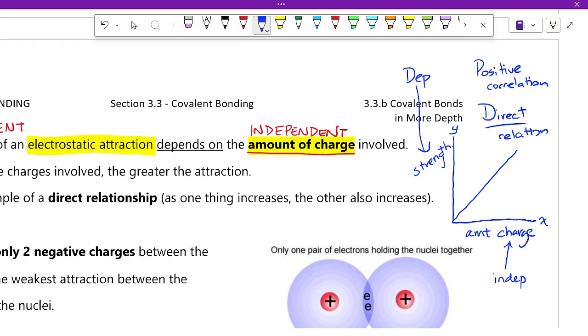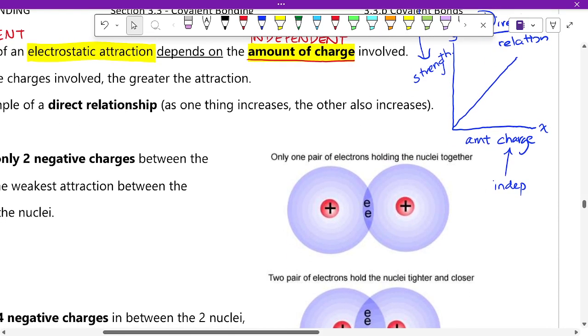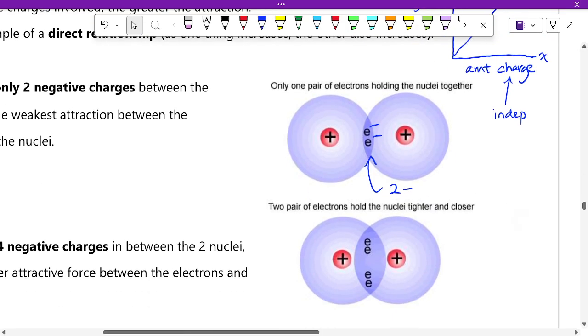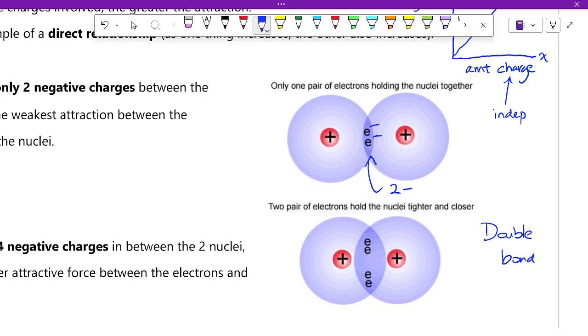And so that's why when we have only a single bond right in the middle here, we have a 2 negative charge. Each of those little electrons has a negative. If we have a double bond, we got 1, 2, 3, 4 negatives.